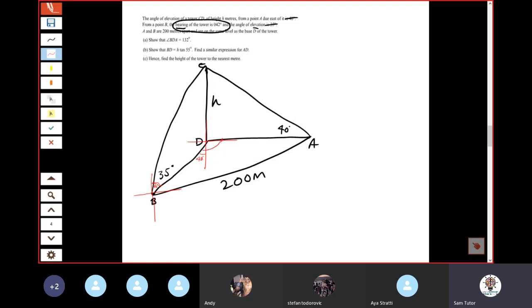So what does that mean about the whole thing? That's okay, Andy. Do you get that's what's happening? 90-degree angle, plus the 42-degree angle. Yeah, plus 42 degrees. And then for A, it says show that angle BDA is 132.